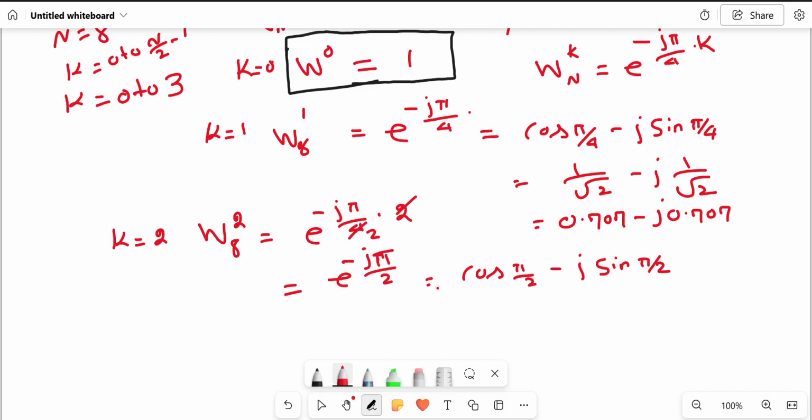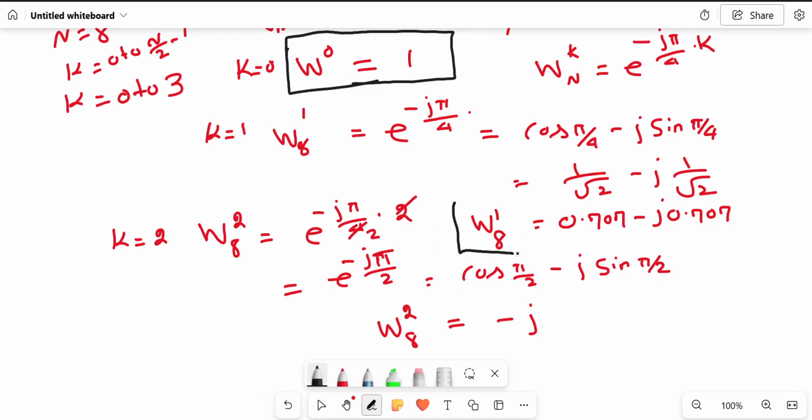So in that case, W_8^2 is equal to minus j. So this is W_8^1 and this is W_8^2.